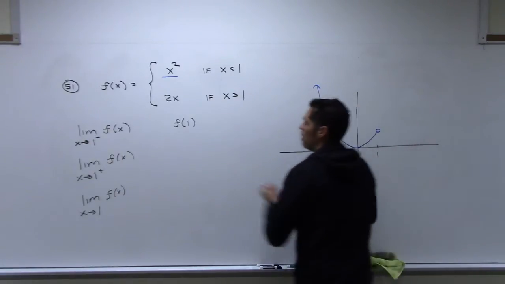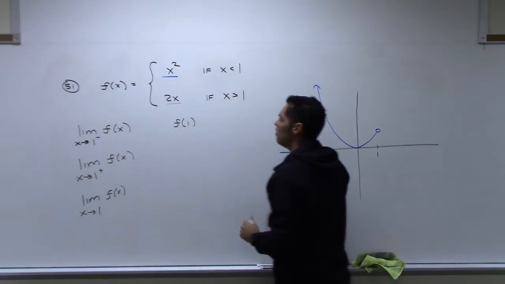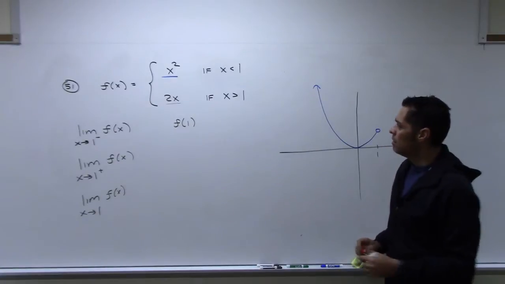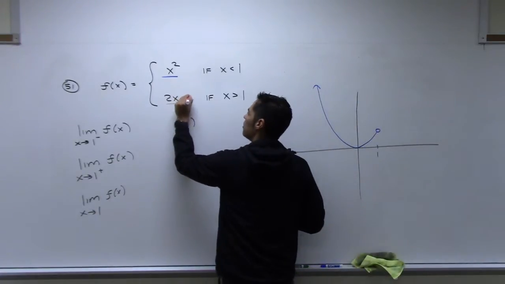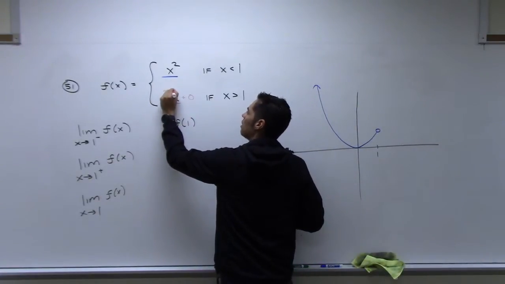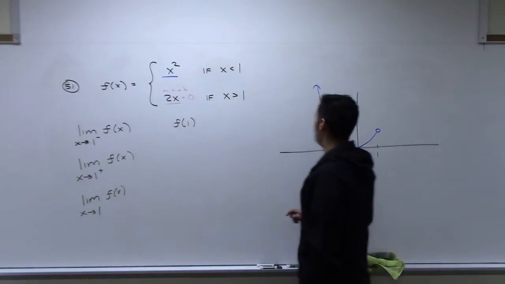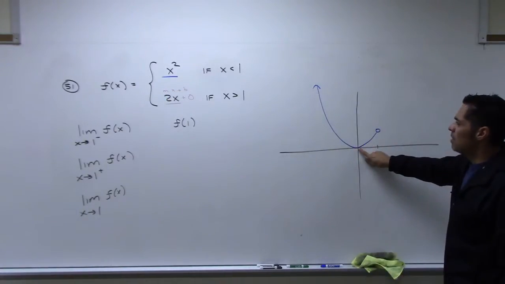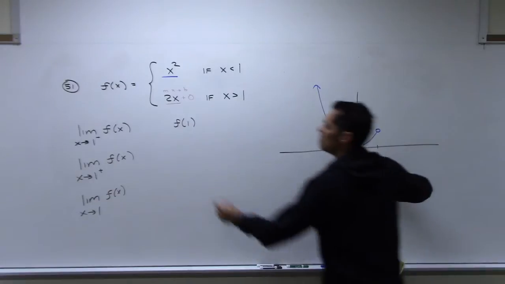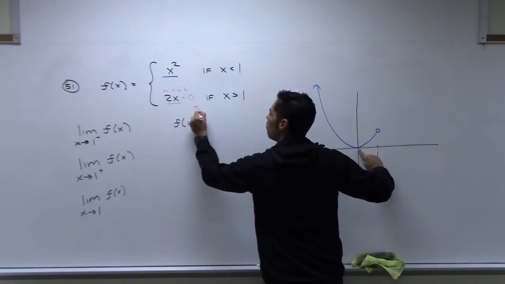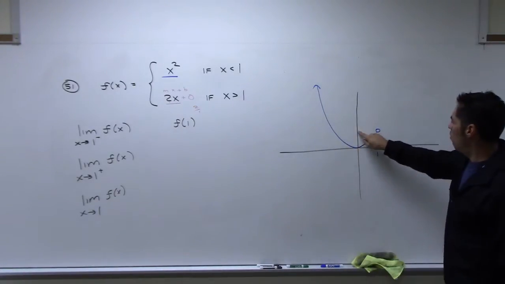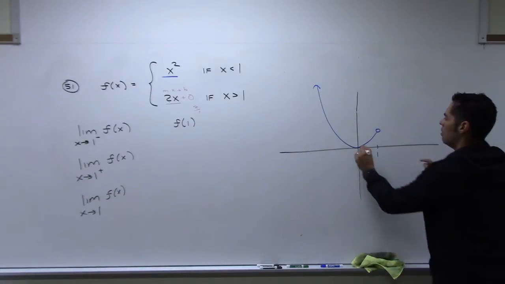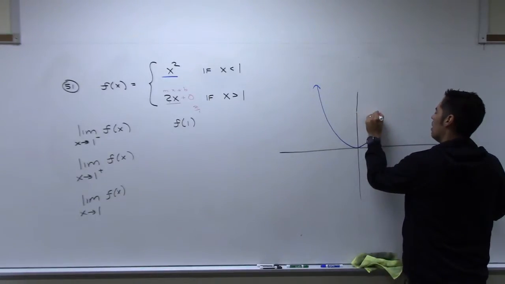The red part, 2x, we know that 2x is a line. You could actually look at this as being 2x plus 0. Then it looks like mx plus b. So our y-intercept would be 0. And then slope is 2. So 2 is the same as 2 over 1. So that would mean up 2 over 1, and I would put a dot here.